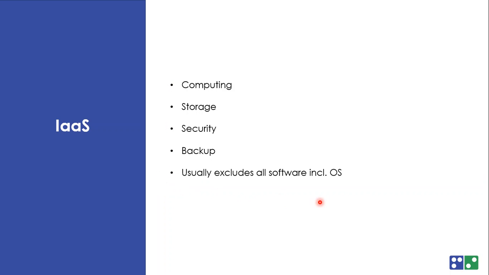Typically, infrastructure as a service excludes operating systems and the software that is needed to reach that end goal, and you would typically still have to buy some sort of operating system software, and that's for you to license.